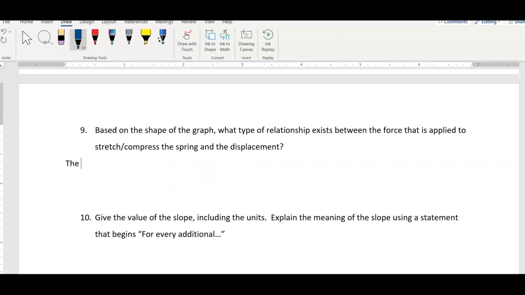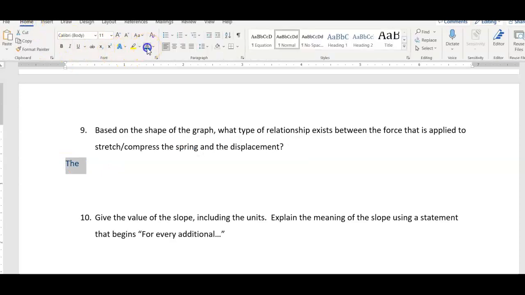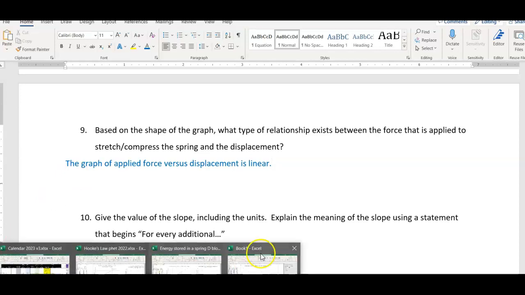Okay, so the graph of applied force versus displacement is linear, right? That is the shape of this graph.